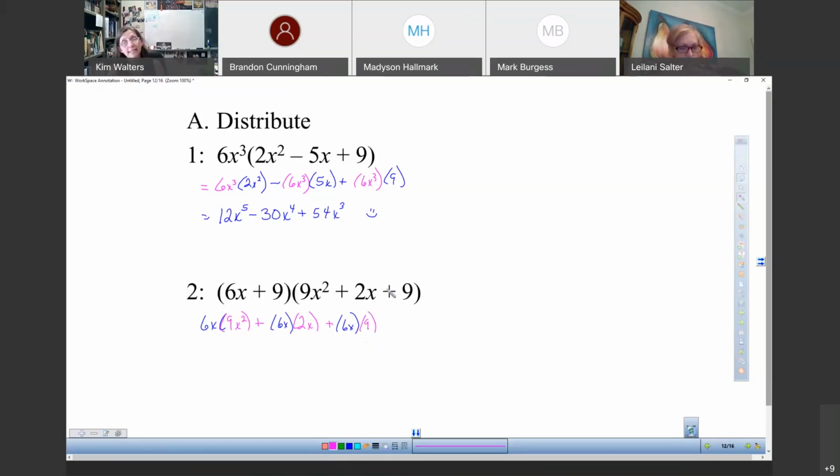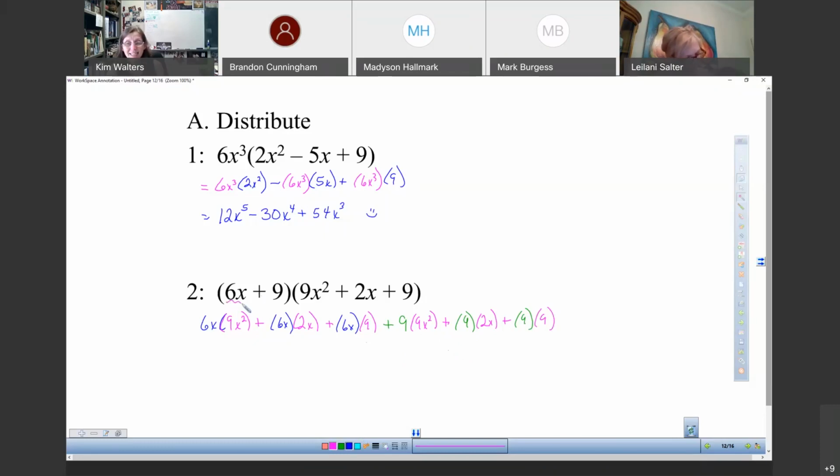I've only multiplied the 6x times everything. So now I have to go through and multiply everything by 9. So plus 9 times 9x squared plus 9 times 2x plus 9 times 9.